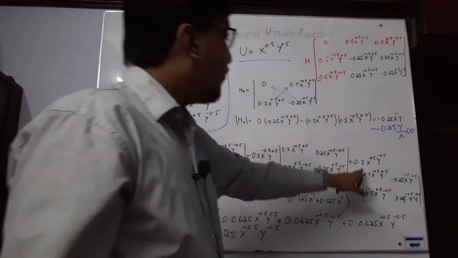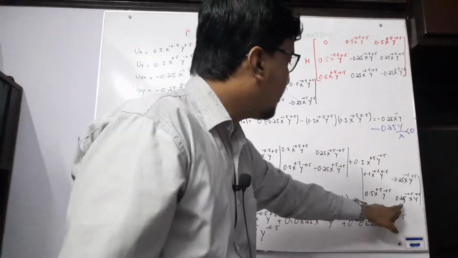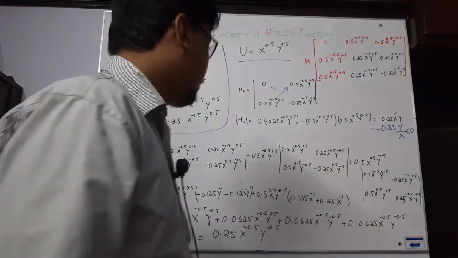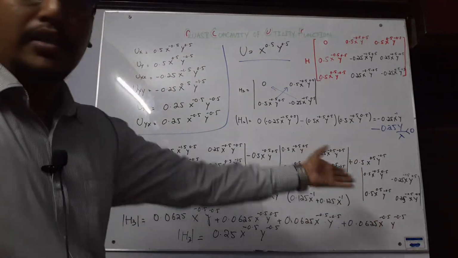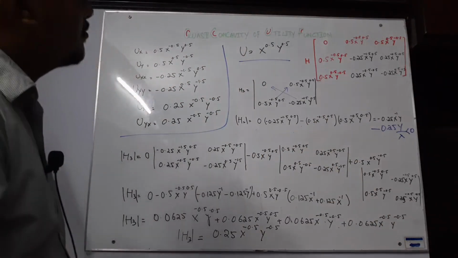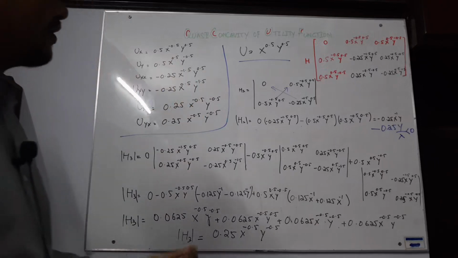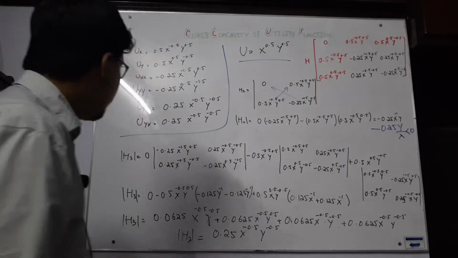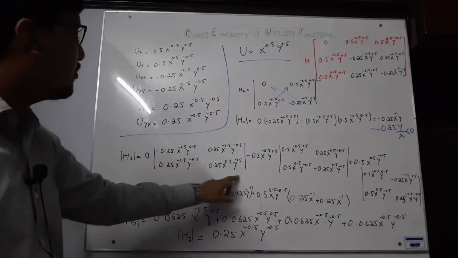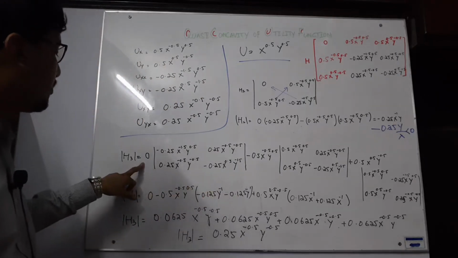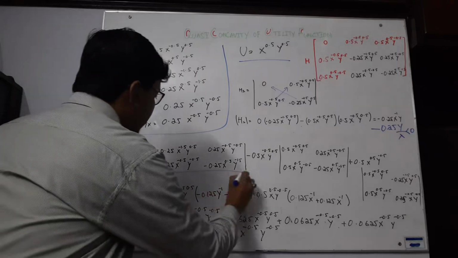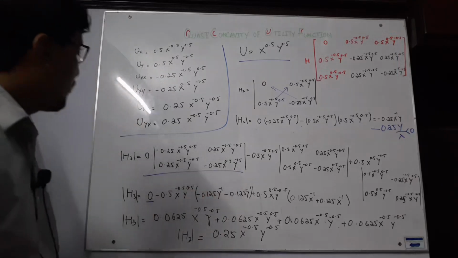And then finally the third term, and this matrix will multiply with this term. So this is the opening of the 3 by 3 determinant for this function. Finally, we will make the algebraic calculation. This whole term will be 0 because it is going to multiply with 0. So this one is completely equal to 0.